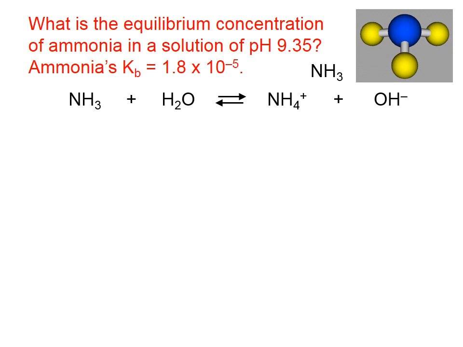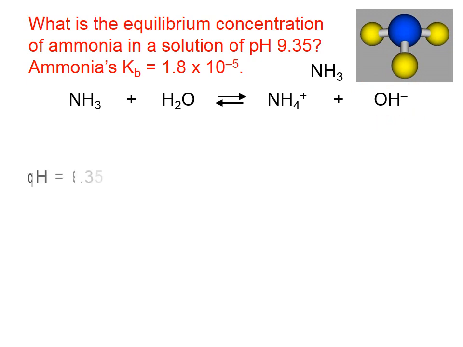Here it is. There's ammonia. We also know that we have to write plus water. Then the ammonia is going to gain an H+. It's going to gain a proton, which will turn it into the ammonium ion. That H+ will have popped off of this water, which leaves it as a hydroxide ion afterwards.